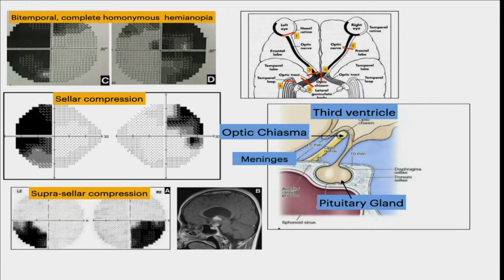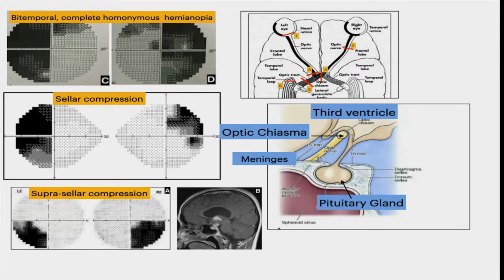So when it starts compressing the optic chiasma, it leads to superior defects, which are bitemporal heteronymous hemianopia. So it may start with a superior field defect, which is respecting the vertical meridian. Or when it is suprasellar compression, like a craniopharyngioma or so, it will cause a compression from above the chiasma. And that is why it leads to more of inferior defects.